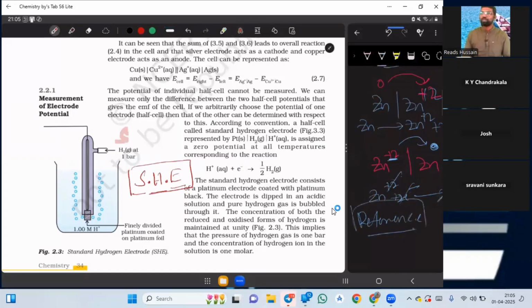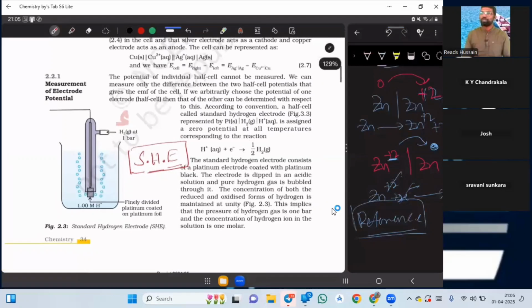What is this reference electrode? If I ask you and your friend who is more powerful, who has more potential, who has more energy, whether your energy is more or less than your friend's, what will be your answer?